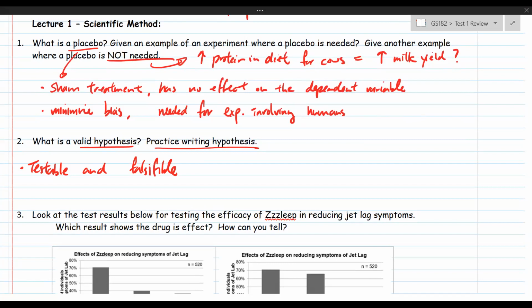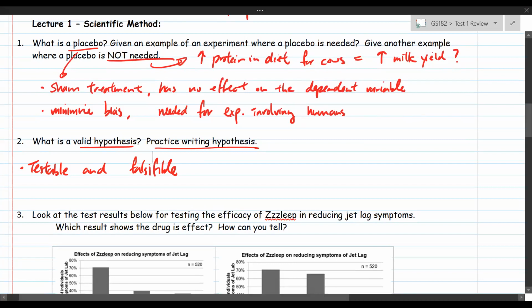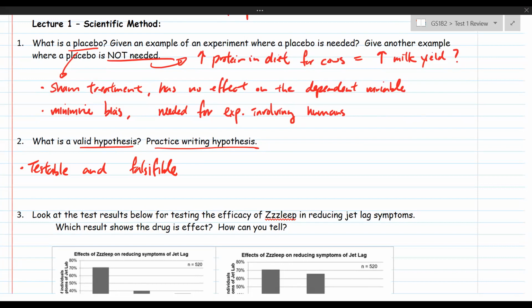Just make sure that your hypothesis is not a question, and you don't have to explain things. So for the Beetroot Lab, the hypothesis would be increasing temperature will increase membrane permeability. That's it.